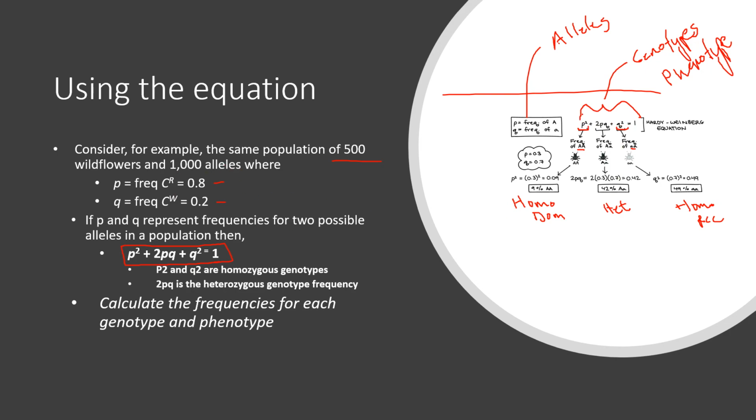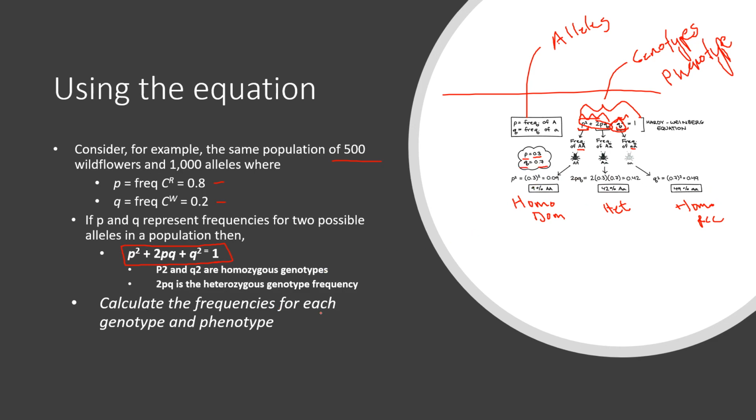If it was complete dominance, we could say these two are one phenotype and this is the other phenotype, so the sum of these would be one phenotype and this would be the other. This shows you models of how you can do this. If P was 0.3 and Q is 0.7, we can calculate those frequencies.